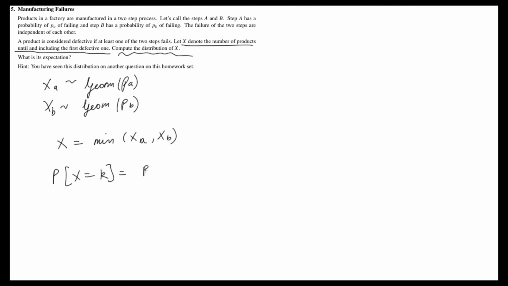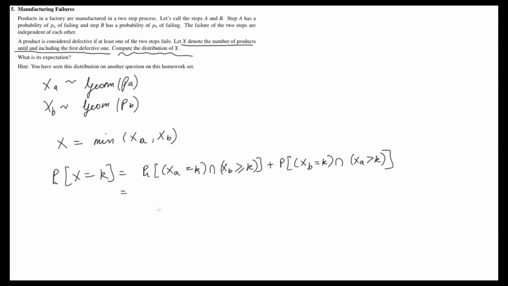This is equal to the probability that XA is equal to K intersection XB is greater than or equal to K, plus, because these two are disjoint, XB is equal to K intersection XA is greater than K. So this is strictly greater than, because if it's greater than or equal to, then we would have already considered the equal to case in both places in the first expression. So this has to be strictly greater than, right?